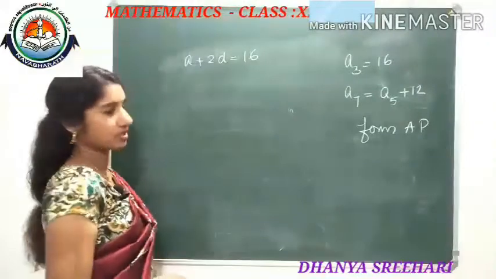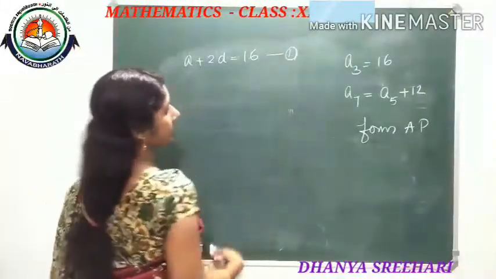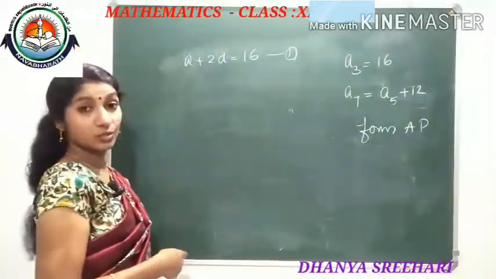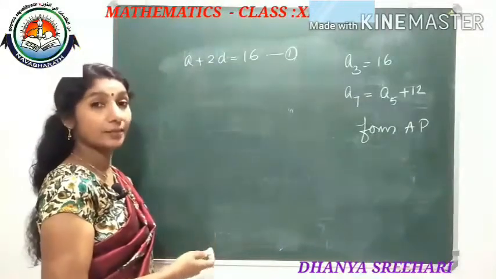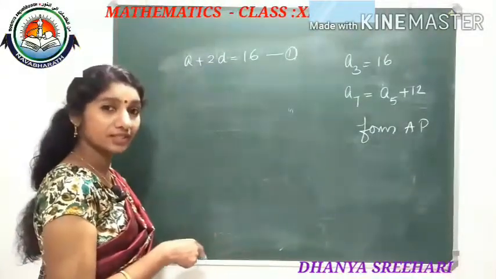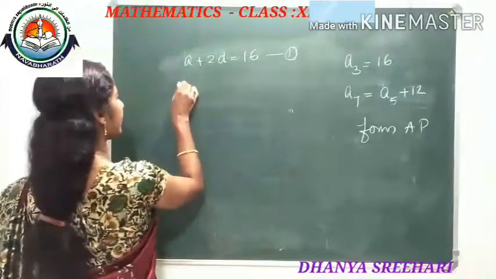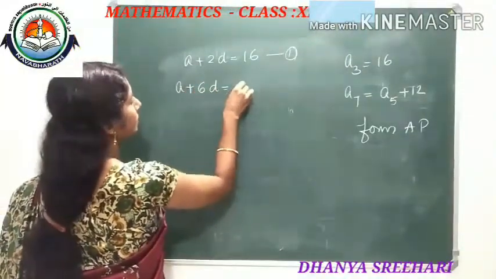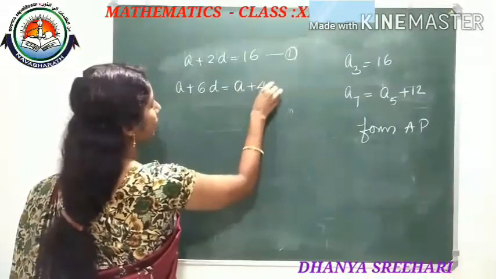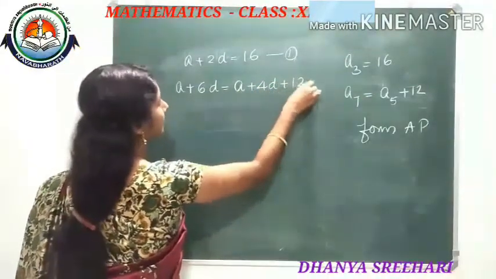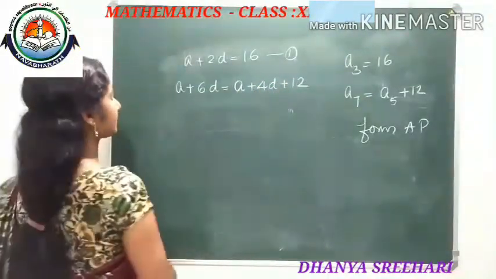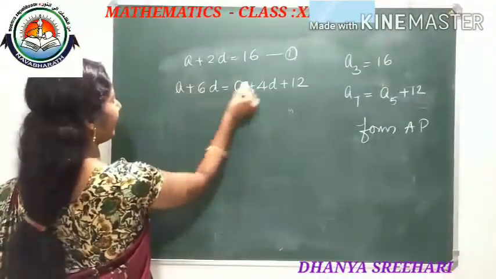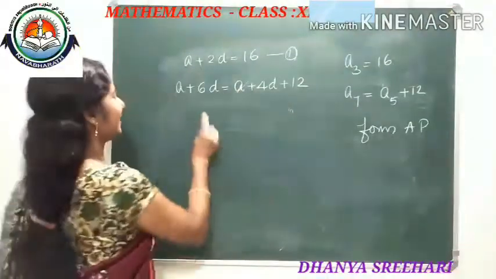We got one equation. And the next situation: seventh term exceeds its fifth term by 12. So A7, which is A plus 6D, is equal to A5, which is A plus 4D, plus 12. Now see, A and A, the common term, we can cancel.